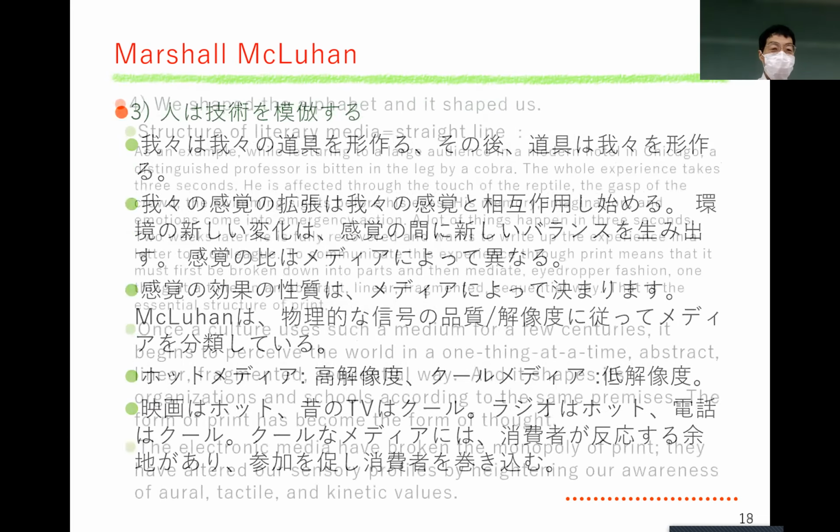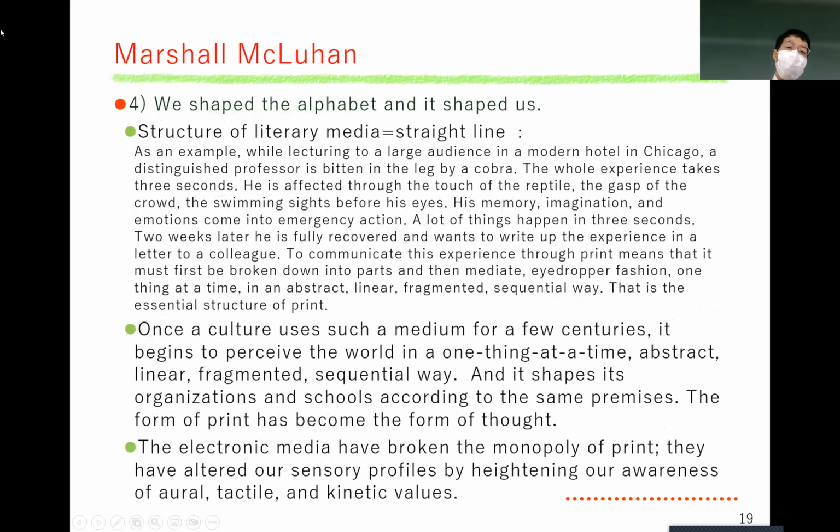And what he wants to say is, people create a writing system. We shape the alphabet, and it shaped us. Because we create the literary media, the writing system and the printing media, or the movable types. So that changed our way of thinking or understanding.